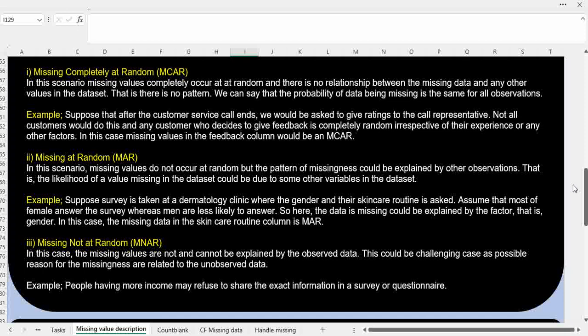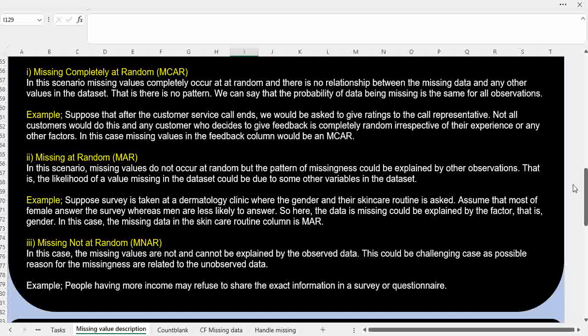Similarly, some people with lower salaries do not want to respond to the question of how much they earn. So in this case, either another variable that is not captured is affecting the response, or this exact variable is the reason for people not responding. In both cases, it is missing not at random.